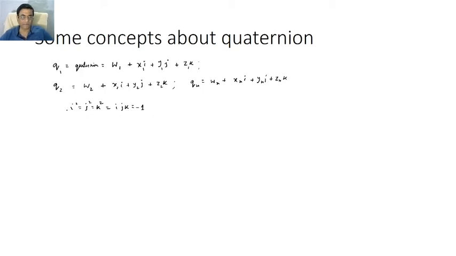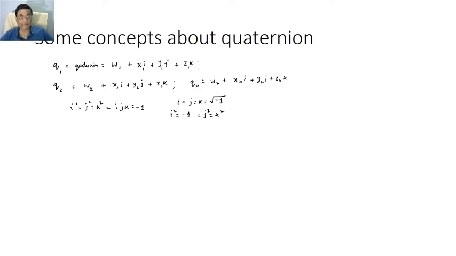Here i equals j equals k equals root over of minus 1, the imaginary quantity. Now i square is very straightforward, equal to minus 1, equal to j square equal to k square. Now how is ijk equal to minus 1?